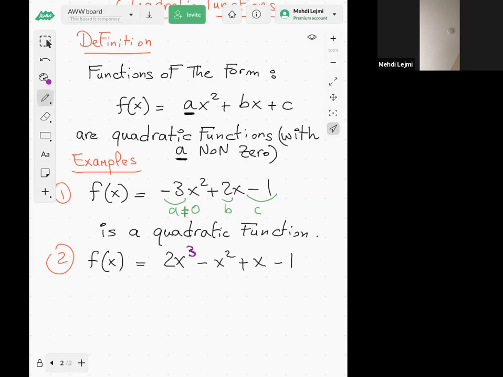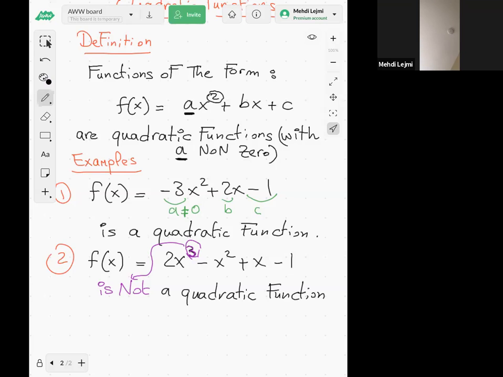Because of the cube, this function f is not a quadratic function. Again, you need something of the form where you start with x squared.